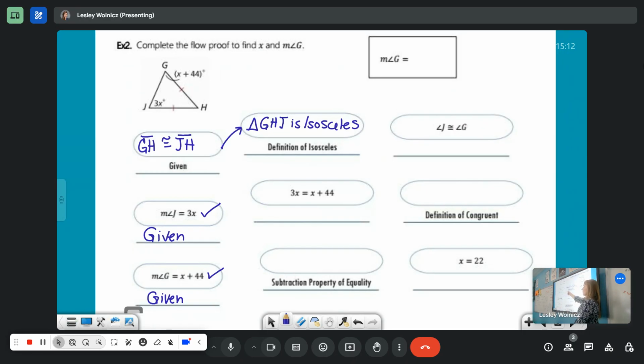Correct. Because of what theorem? The base angles. So now that I have said my triangle is isosceles, I can use that information to say that my base angles are congruent using the base angles theorem. Okay, so far so good?